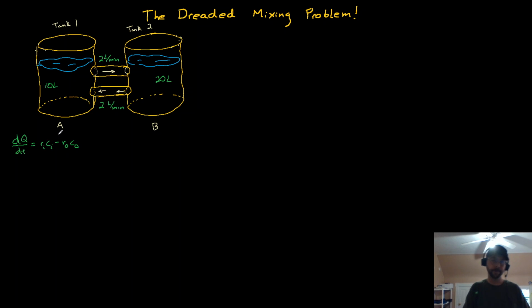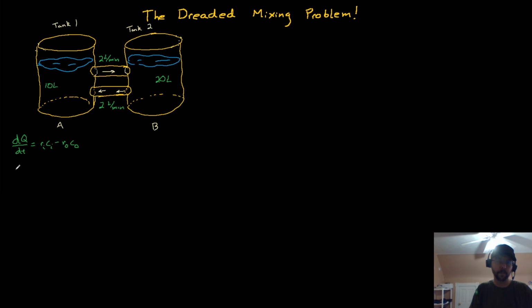And the key thing here, you can add as many of these terms as you need for everything that's changing. The key thing is that the rate in times the quantity in, those should be positive values, and the rate out times the concentration out should be negative values. That's the key there.